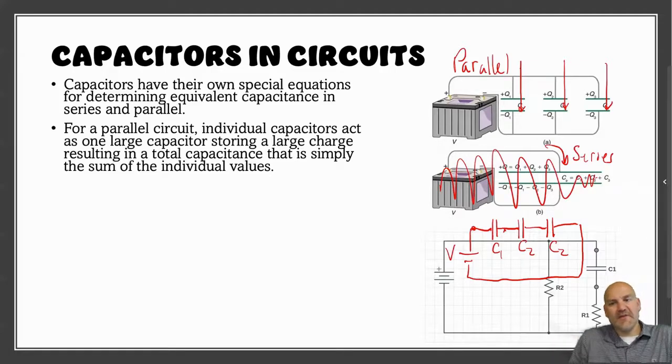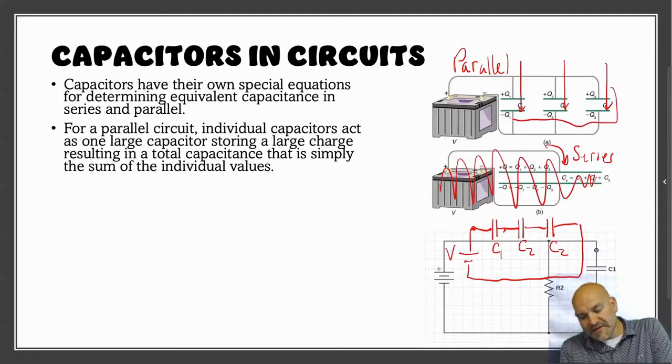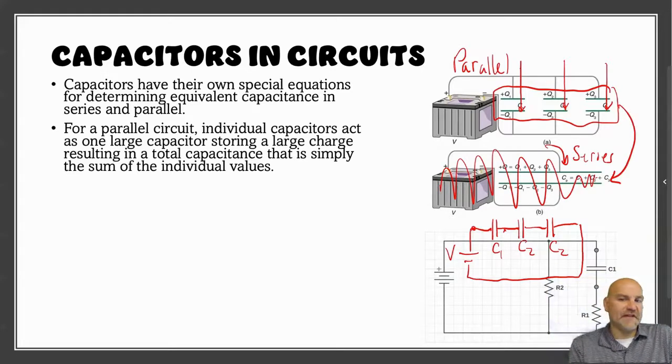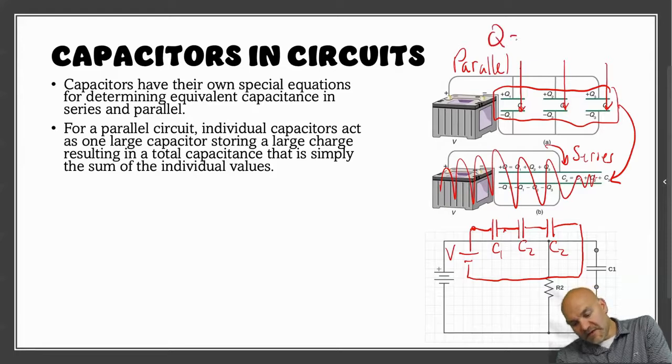That's the picture that I scribbled out, because you can replace these three capacitors with this line of capacitors that has the same equivalent capacitance. We say Q equals CV, and much like parallel resistor circuits, these capacitors will have the same voltage going down these lines.